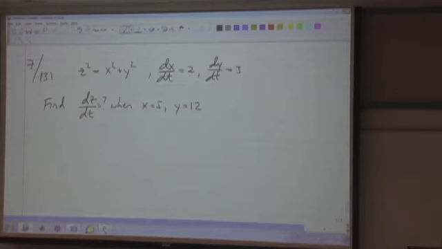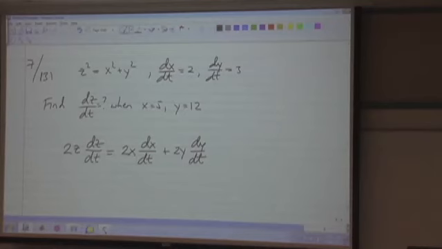So first step, we take derivatives on both sides with respect to time. What do we get? 2z dz dt equals 2x dx dt plus 2y dy dt. Right?